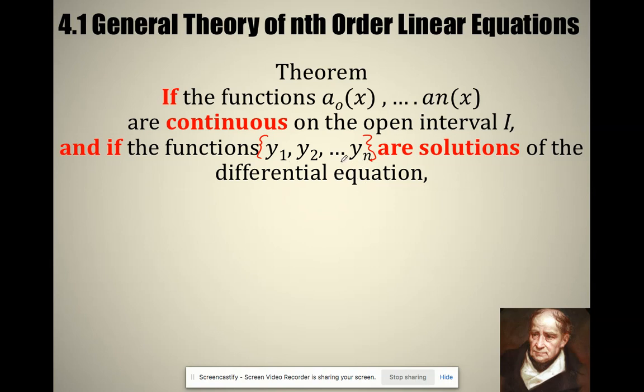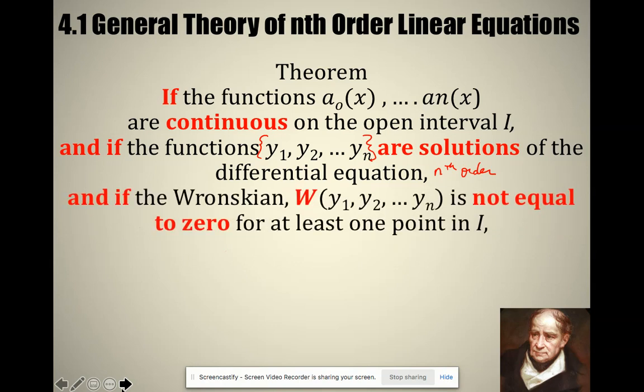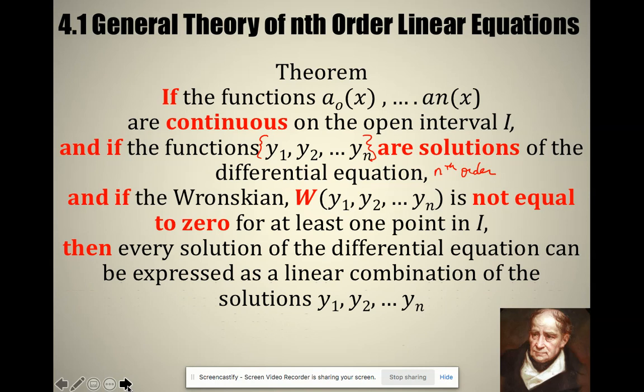But let's say I have as many solutions as I want of a differential equation, that would be then the nth order, right? And if I calculate the Wronskian, which is just a determinant, and the Wronskian is not equal to 0 for at least one point in my given interval, then every solution can be expressed as a linear combination of these.